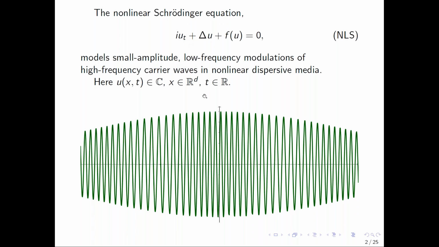If you want to think about physical application, you can think about one-dimensional waves on the surface of water. This green picture that I've drawn here is something you might see if you looked at a one-dimensional sinusoidal wave on the surface of water, not necessarily squeezed this tightly together, maybe stretched out more.